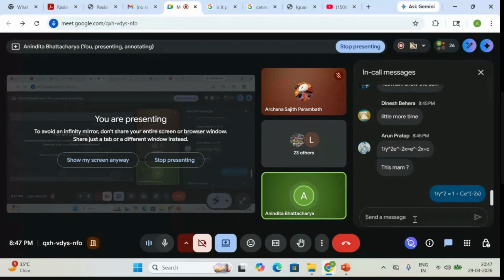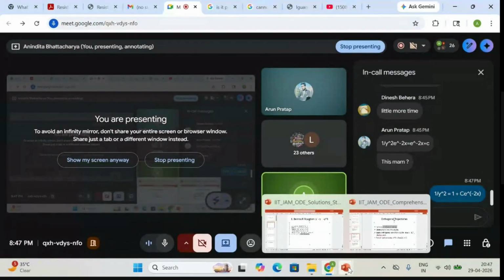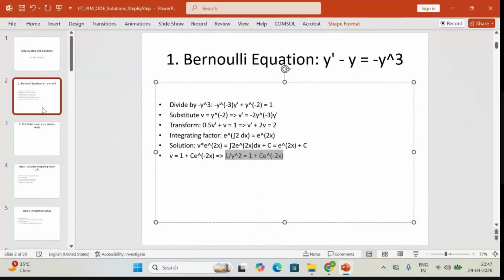I think you should have 1 by y square e to the power 2x equals e to the power 2x plus c. Can you see the solution I have? Instead of minus 2x, I think you should have 2x. Okay, ma'am. Just check it. Let's move on to the next one.